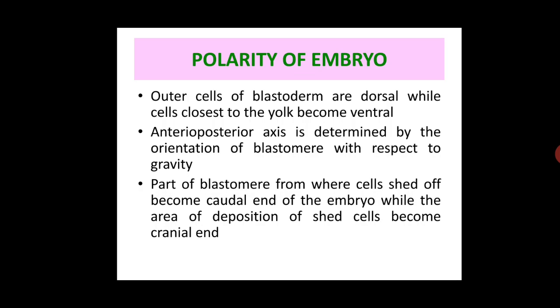Anterior-posterior axis is also called craniocaudal axis. Part of blastomere from where cells shed off become caudal end of the embryo, while the area of deposition of shed cells become cranial end.